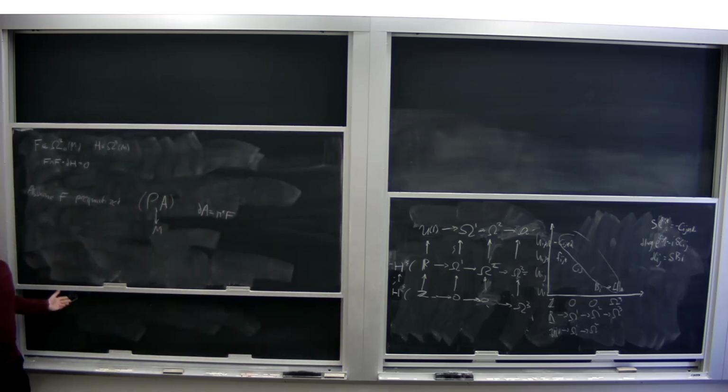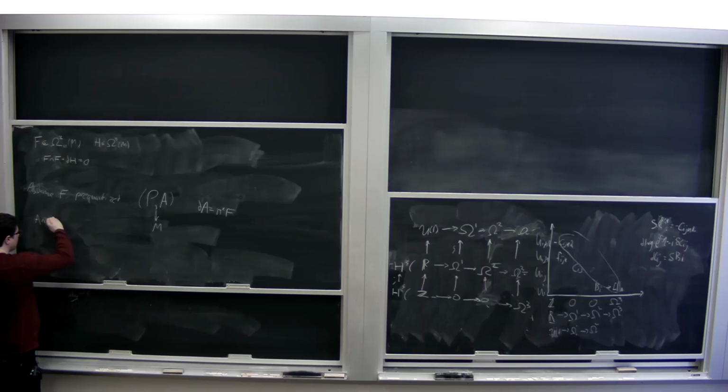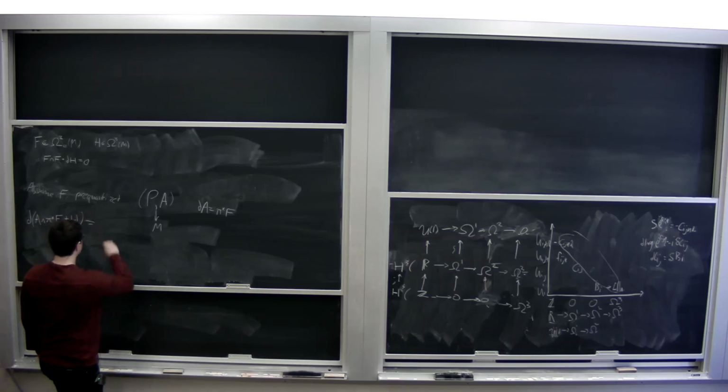But using this A, we do have another class lying around. Namely, we can look at the form A wedge π*F plus H. Now, d of this is just π*F wedge F plus dH, which is 0.